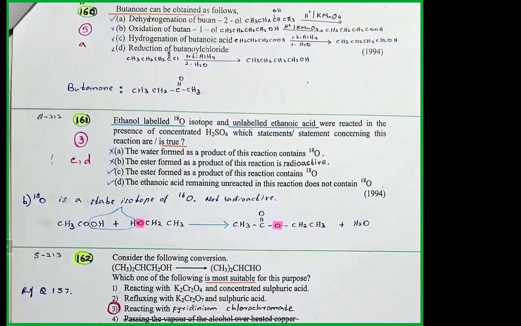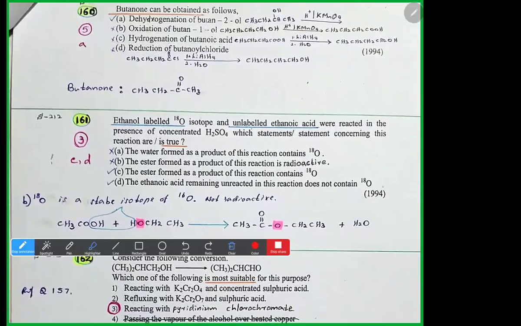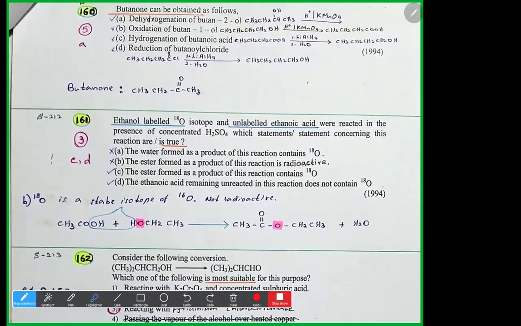161. Ethanol labeled O18 and unlabeled ethanoic acid. So we did this mechanism for chemical kinetics. OH of the carboxylic acid gets away with H of the alcohol to make water, so that the labeled alcohol oxygen is still existing in the ester. Water doesn't have O18.